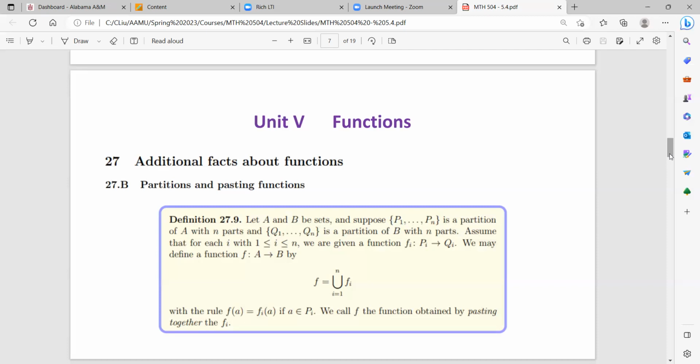So the first element comes from a subset P, which is from A, and the second coordinate of each pair comes from some subset Q, which is also an element of B. So that makes sense.